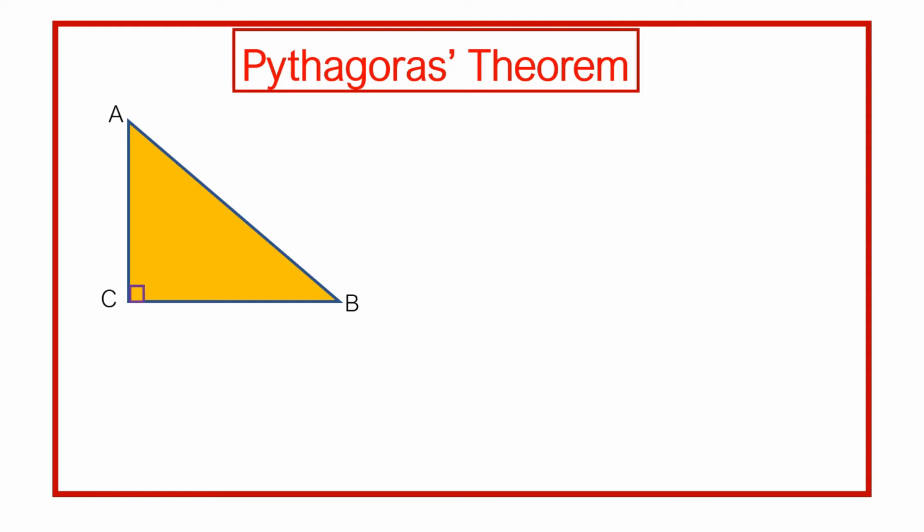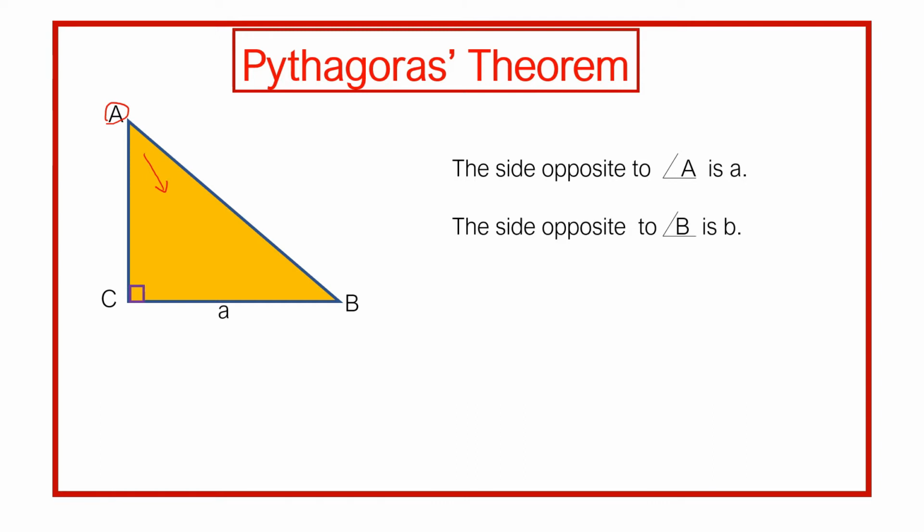Now, in that case, we say that the side that is opposite to angle A, you can see this is angle A, that is CB, let it be a.